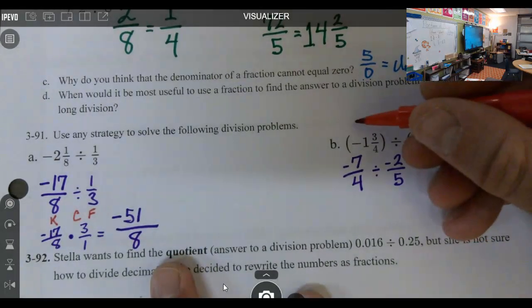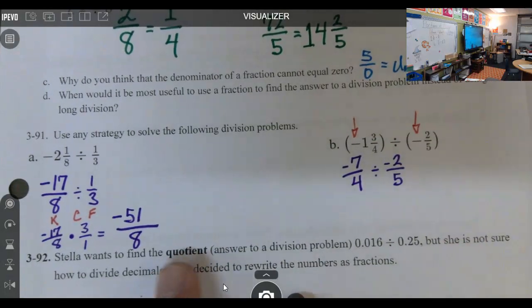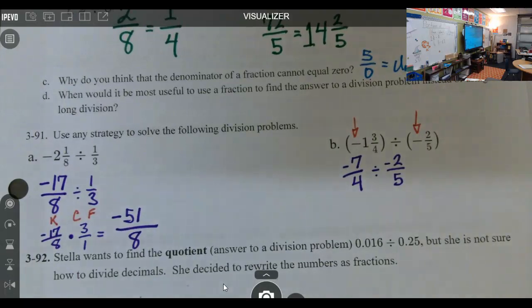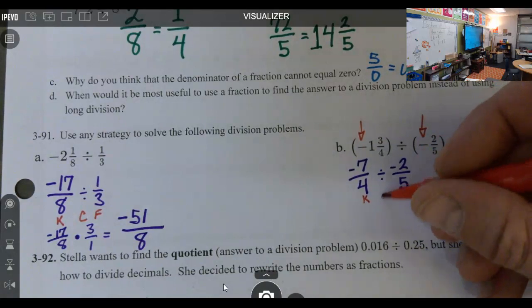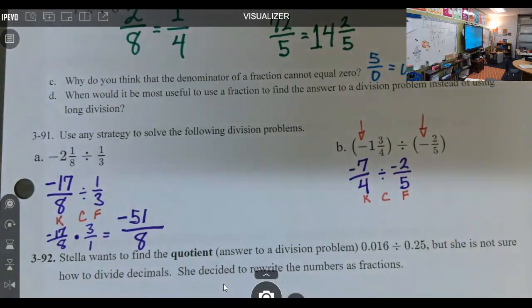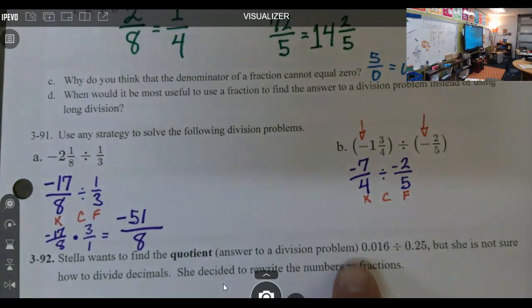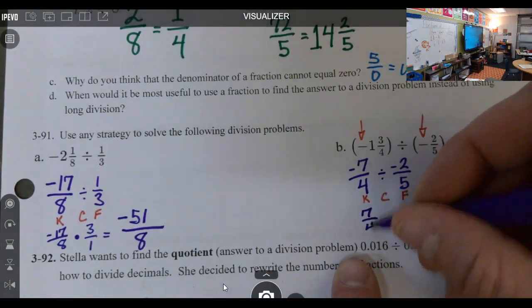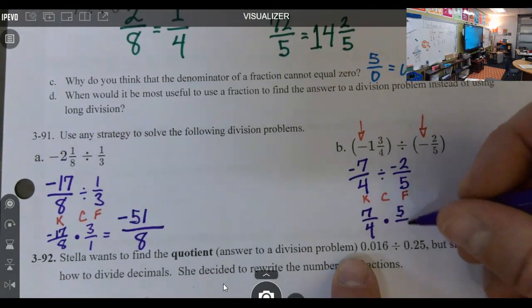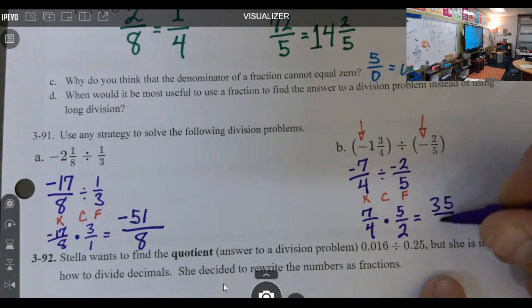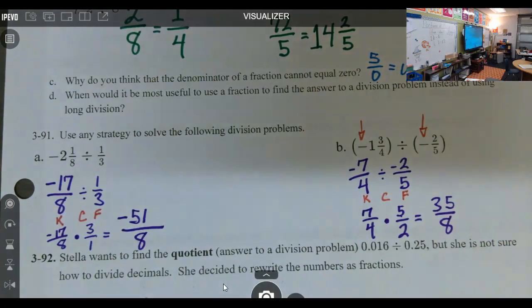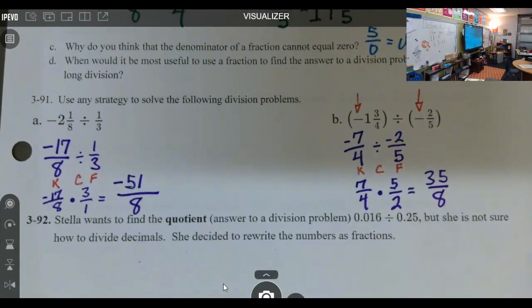What is the opposite of a negative? Positive. So this becomes positive, not addition. When you keep change flip, I'm just going to drop the negatives. So this will be 7 fourths times 5 over 2. You should get 35 over 8.